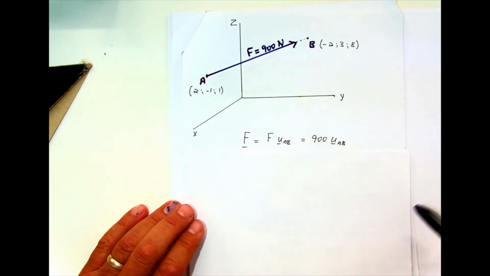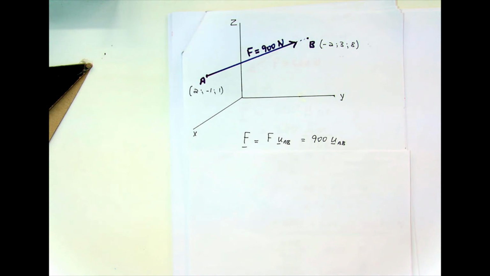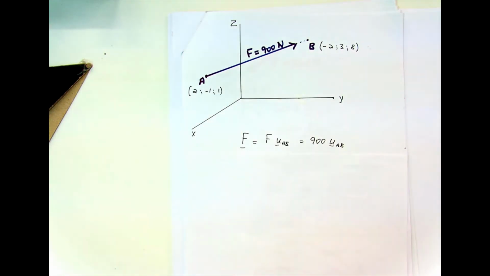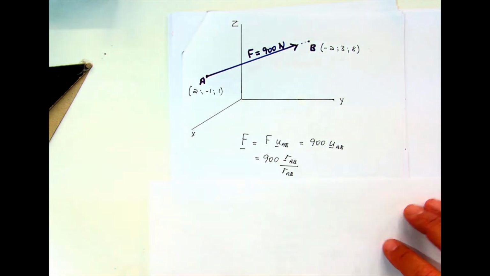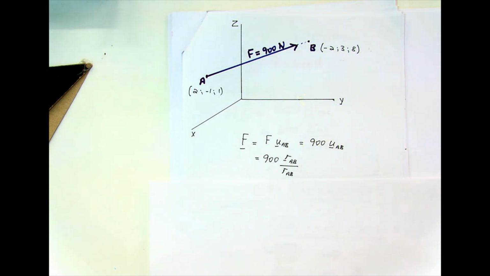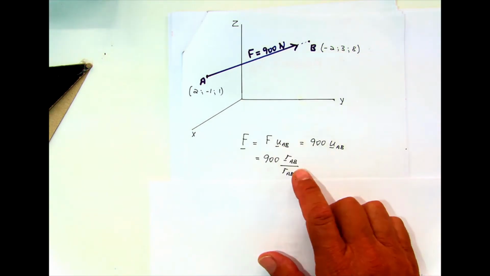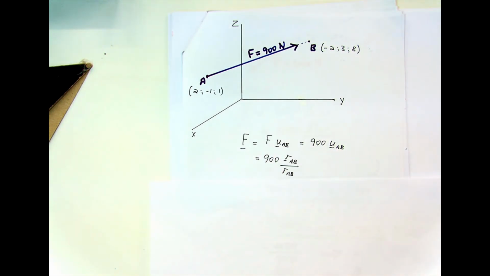So note here, from A to B, you can get a position vector. Well, let me first write it like this. The definition of the unit vector is the position vector divided by its magnitude. So, the unit vector and the position vector are in the same direction. So you have a position vector, and if you just squeeze it together so that you get a vector of length 1, that's your unit vector.